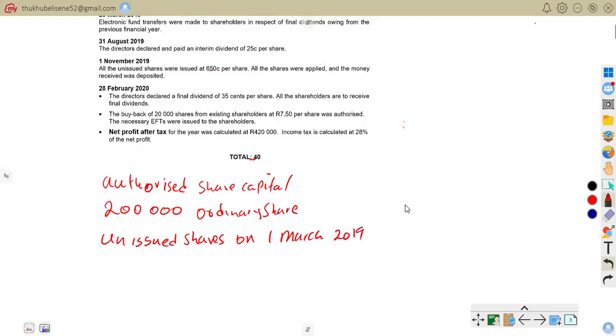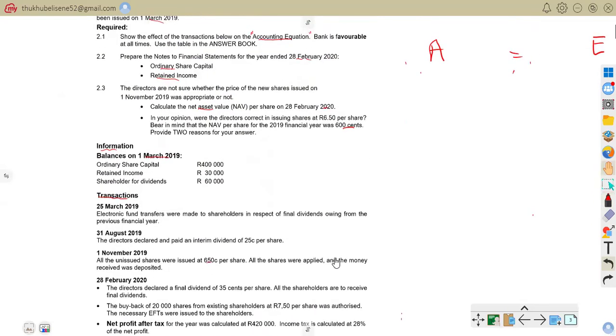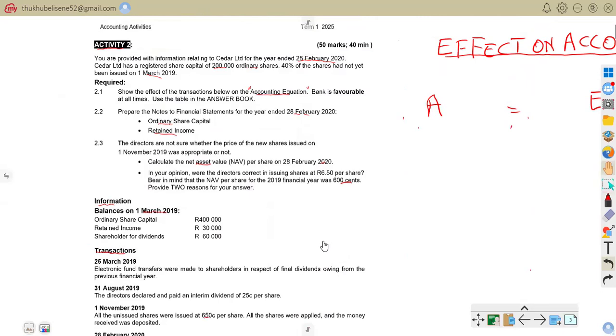We're told that 40% of shares had not yet been issued. I'm talking of this statement: 40% of shares on the 1st of March had not yet been issued.